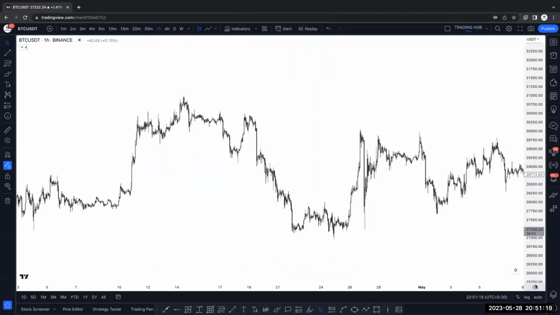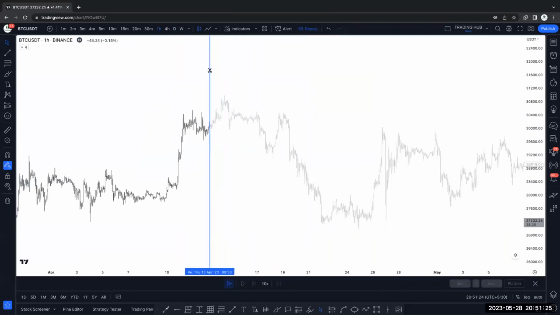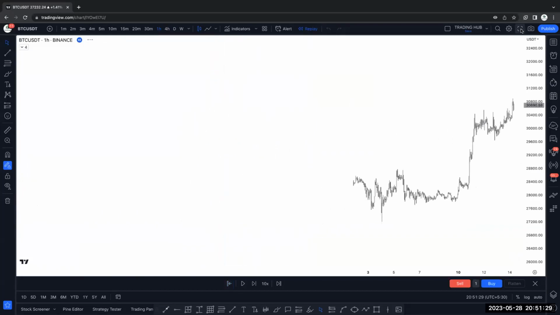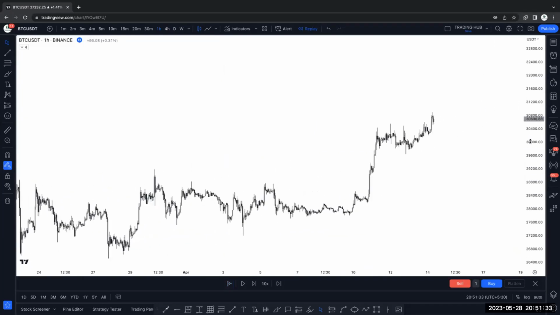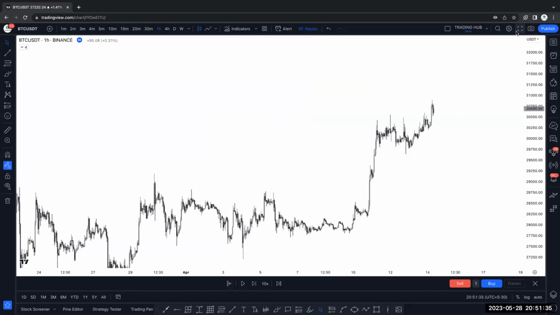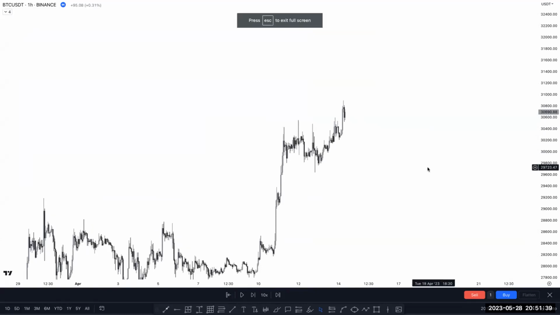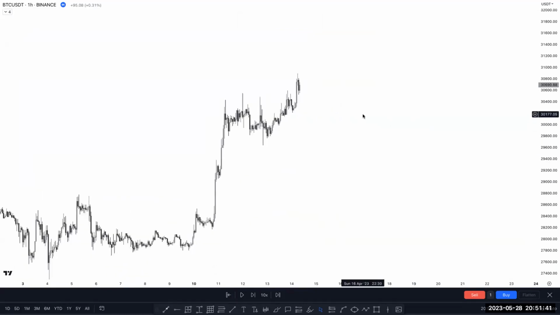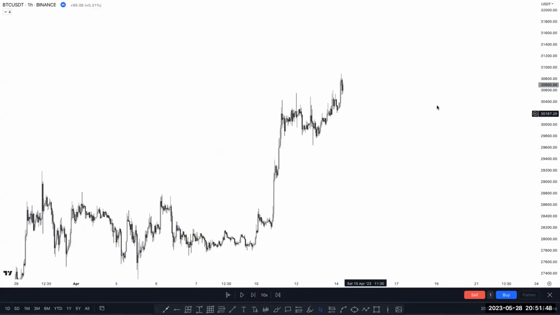First of all, here, this one. All right. So this is our current price action here, right? And you don't know where the market is going. Everything looks bullish here, right?